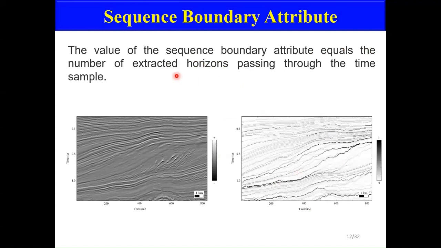Then the seismic sequence boundary attribute is defined as the number of seismic horizons passing through seismic samples. If we compare these two images, we can notice that the seismic sequence boundary attributes can highlight the unconformities and at the same time the corresponding conformities.